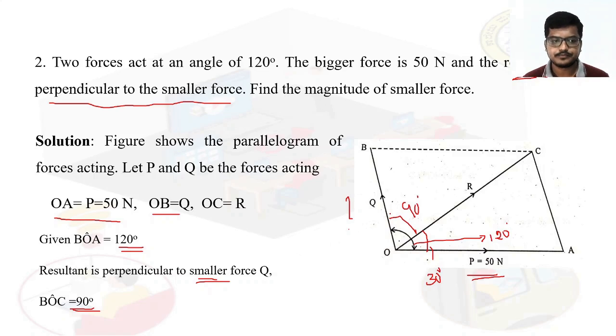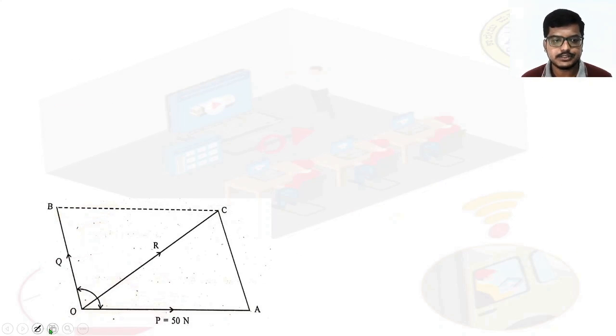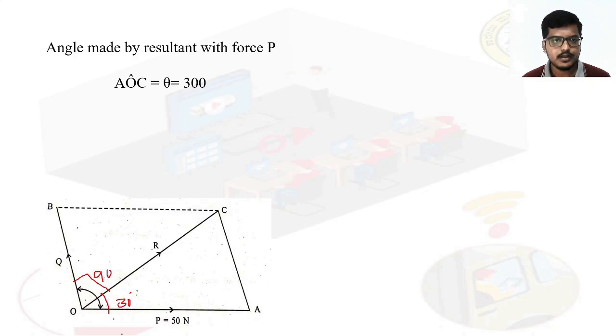See the figure here: this is 120 degree, this is 90 degree, and this is 30 degree. So the angle made by the resultant R with force P is 30 degree. This angle is theta, and alpha is 120 degree.